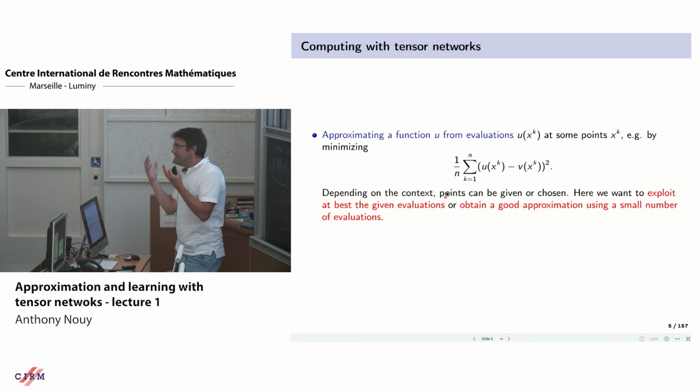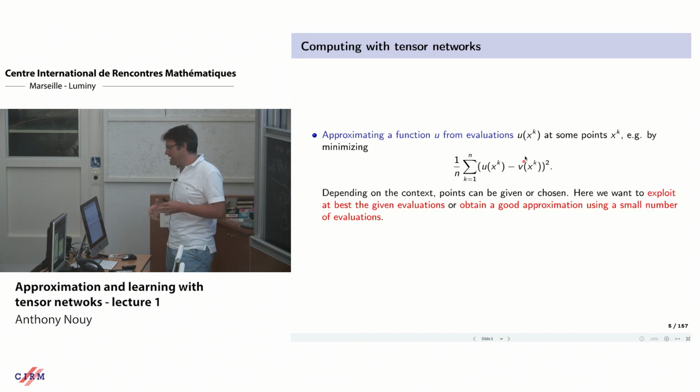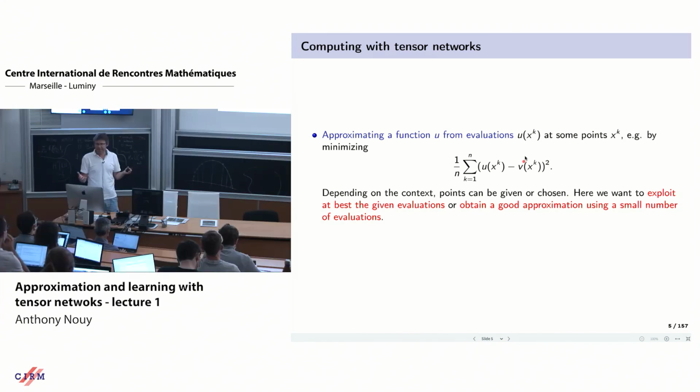If you do it in a least square setting, you will in practice minimize the squared L2 norm between the evaluation of your function and the prediction given by your approximation V. So here the use of tensor networks is a way to exploit, if you are given the samples, so this is a passive acquisition setting that Albert mentioned, you will exploit this structure of your function and use tensor networks to exploit at best the available information of your function.